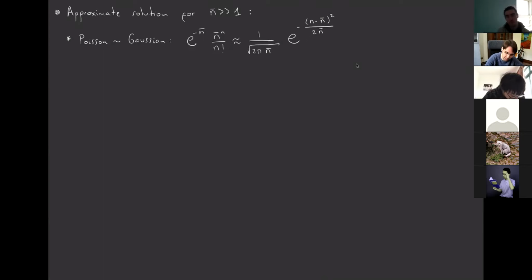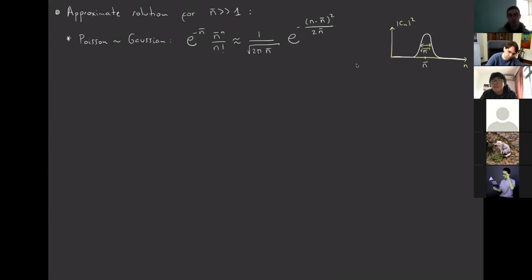So essentially what I'm saying is that we have here the axis of the coefficients Cn, then we have here the axis n, and the Poisson distribution looks like something that is 0 at the beginning, and then it's centered at n bar and has a width that is square root of n bar, okay?